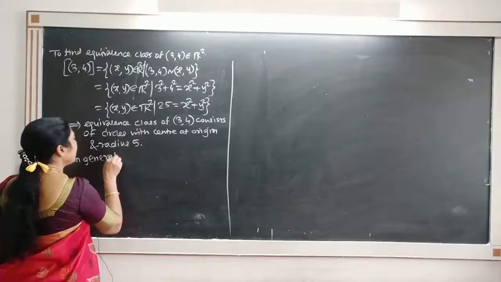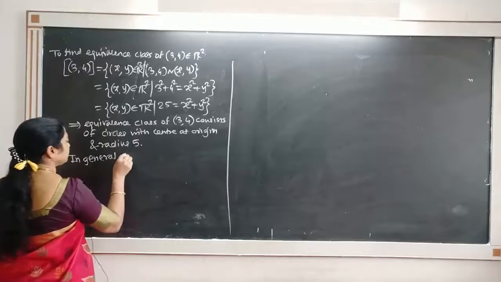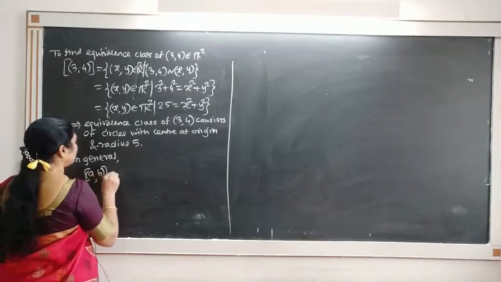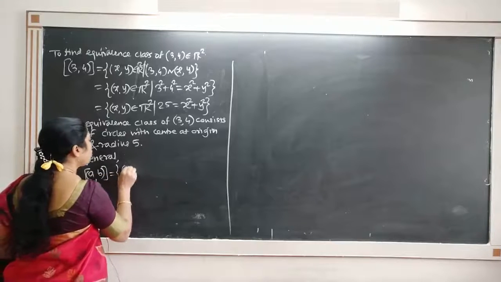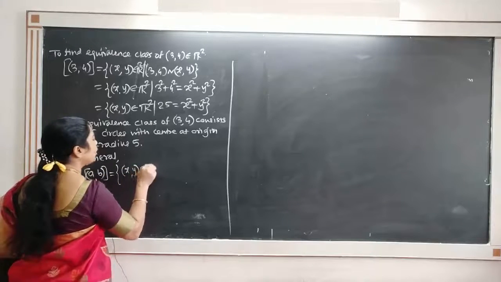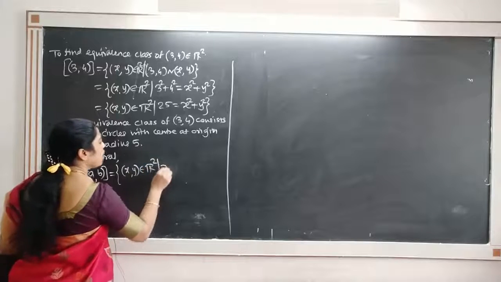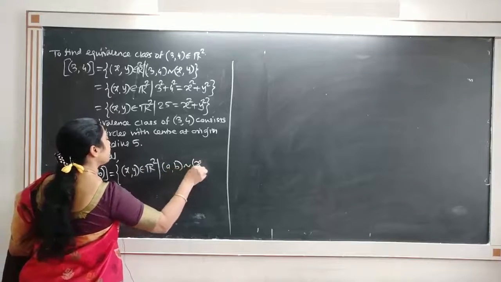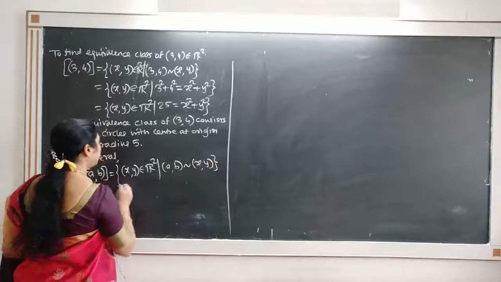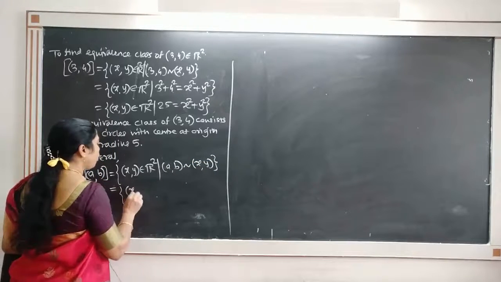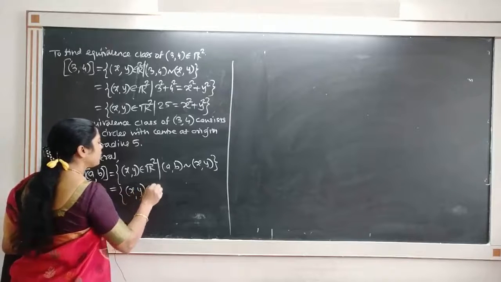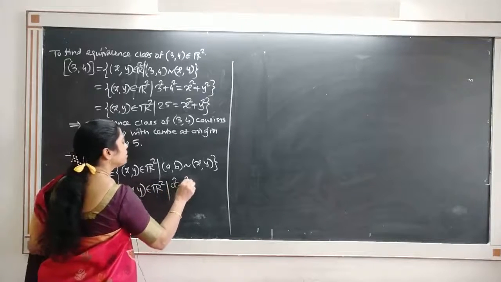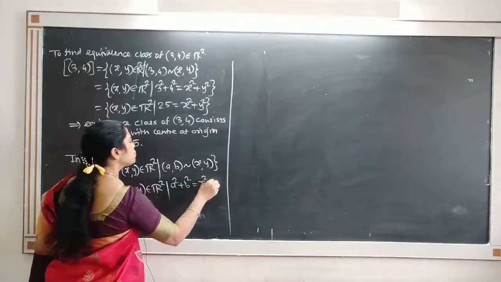In general, if you consider any (a, b), what is the equivalence class of (a, b)? It is the set of all ordered pairs (x, y) in R2 such that (a, b) is related with (x, y), that is, the set of all (x, y) in R2 such that a square plus b square is the same as x square plus y square.